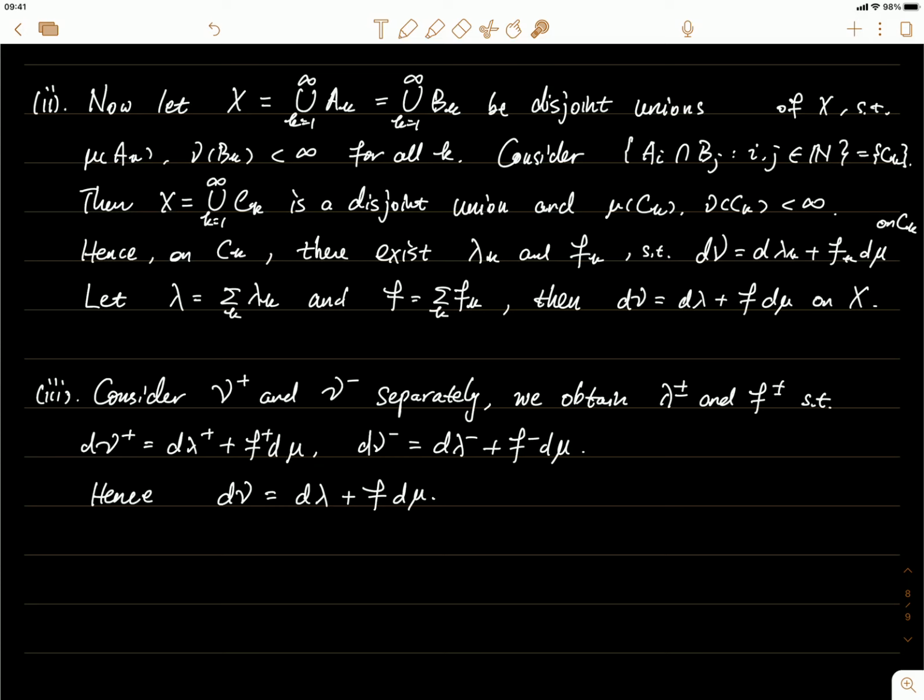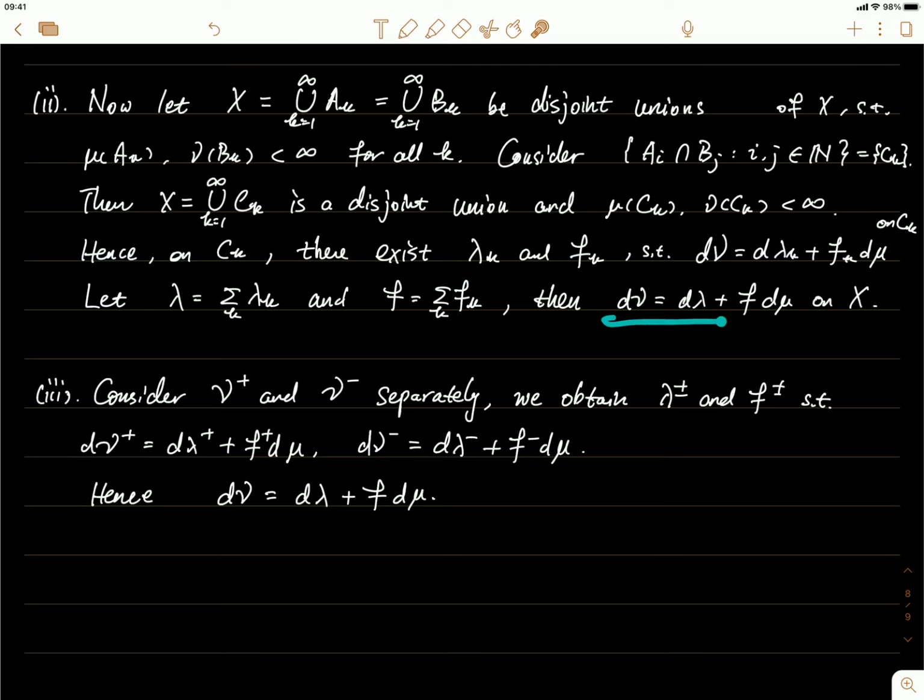If we consider the entire X, we notice that these C_k form a disjoint union of X. So for each C_k, we have this lambda_k and f_k, and we just need to take the sum of them. Then we have this lambda defined on the entire X, since each of these is defined on C_k. Similarly, we can define f to be the sum of these f_k's, where each f_k is defined over C_k.